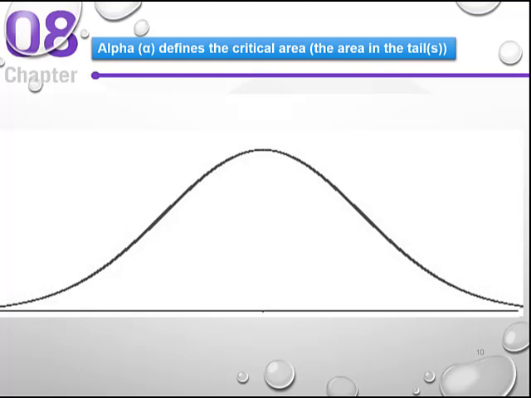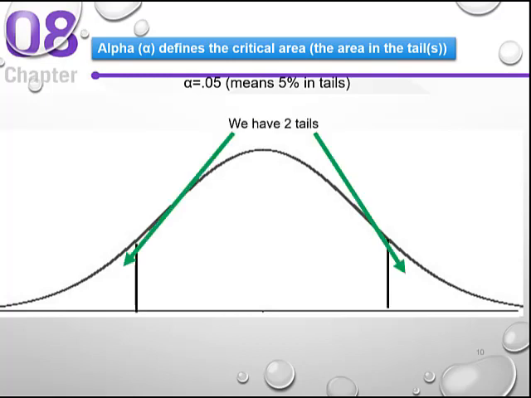So again, imagine the normal distribution. An alpha of 0.05 means that we have 5% in the tails, because remember again that the entire distribution is 100%. We have two tails, and an alpha of 0.05 means 5% are in the tails. That means we have 95% inside and 5% in the tails.